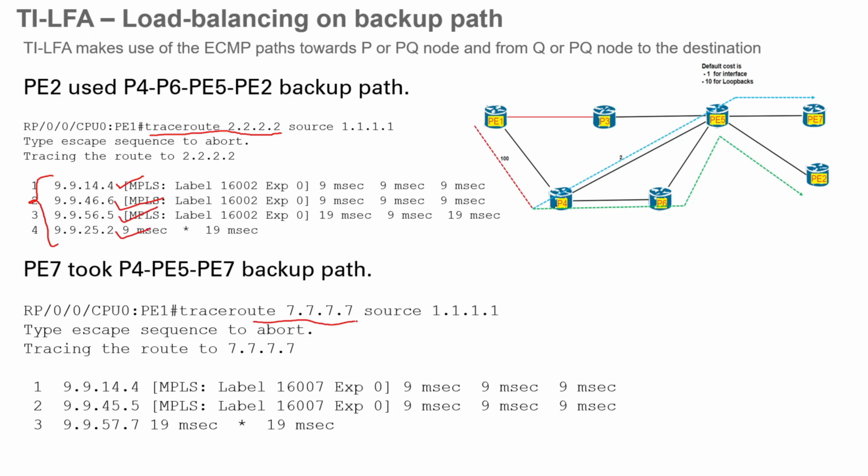And for the PE7, it is taking P1 to P4, P4 to P5, P5 to destination. Because in this case, Q node to destination, we have ECMP available and the router is making use of it.